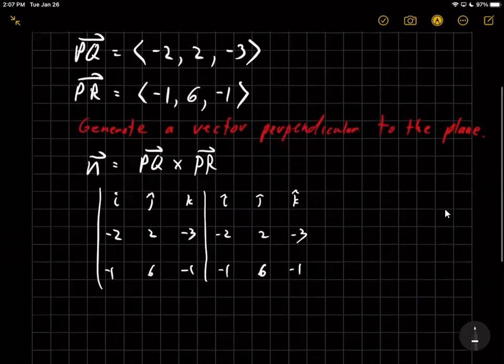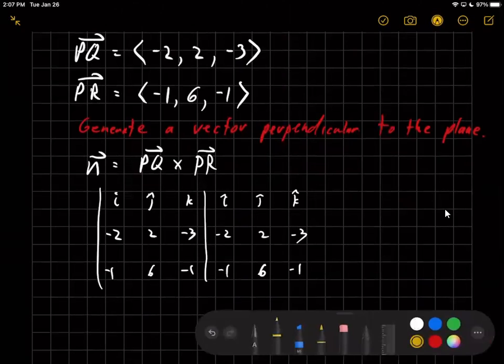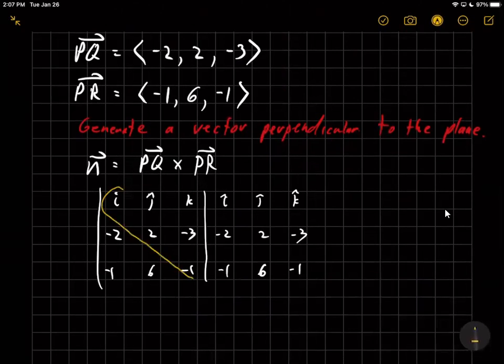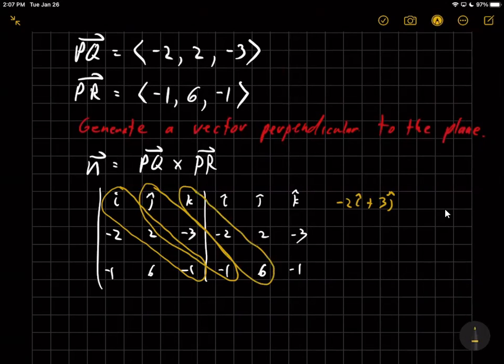Okay, so we can do our little diagonals. Our positive diagonals, first we'll get -2i. The next diagonal looks like a +3j, and then the next diagonal will be a -12k.